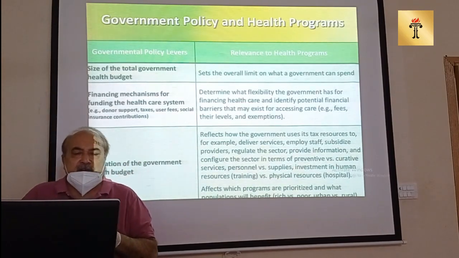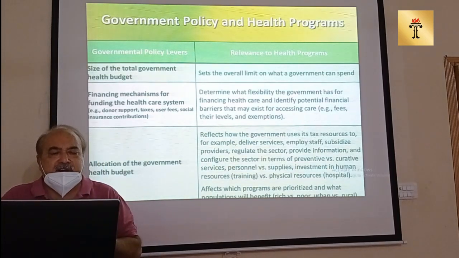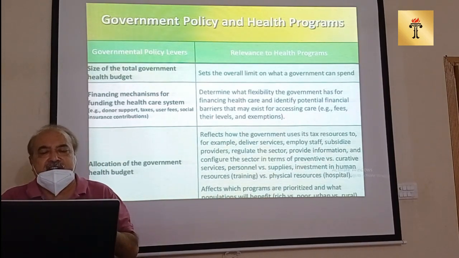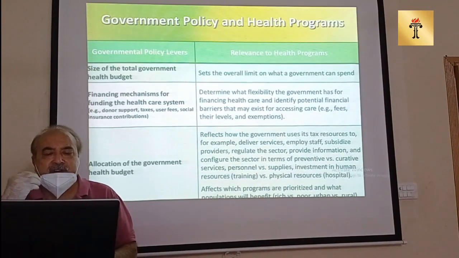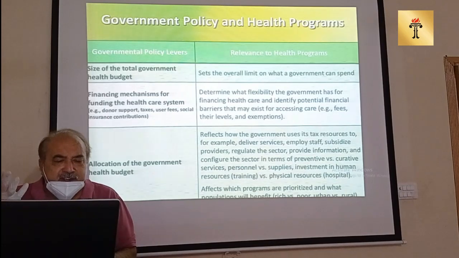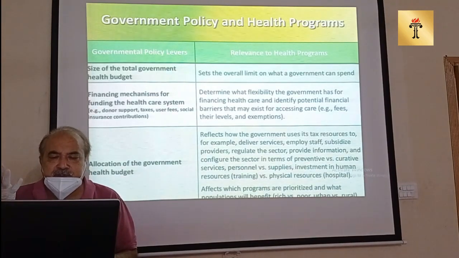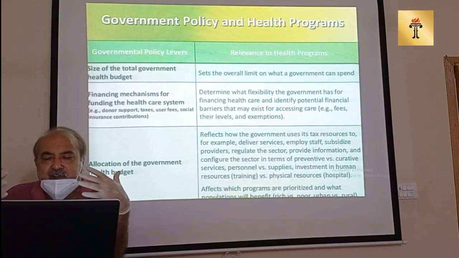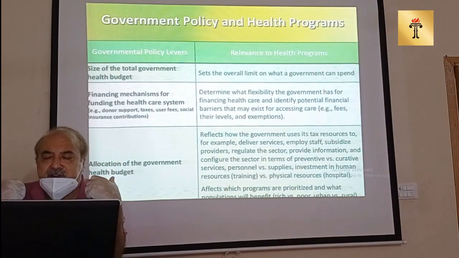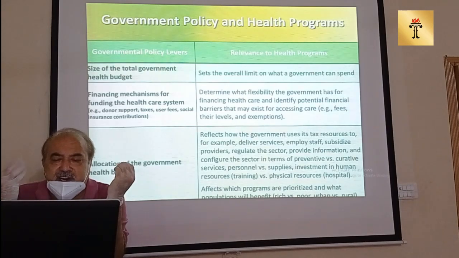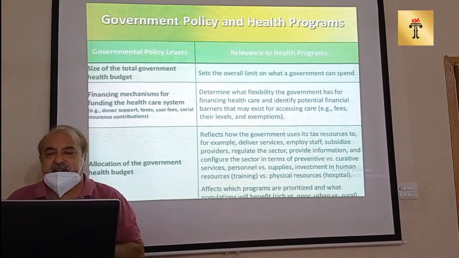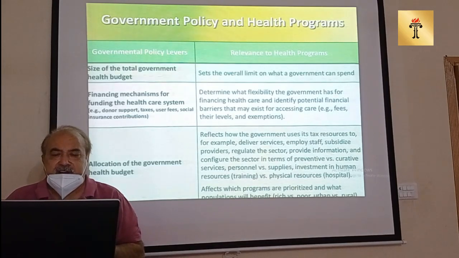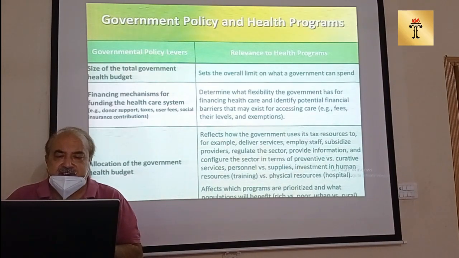Then in the policy, there are the financing mechanisms for funding the healthcare system, for example, donor support, taxes, users' fees, social insurance contributions, and then the government determines the flexibility for financing healthcare and identifies the potential financial barriers that may exist for accessing care. So they can impose fees, their levels, and exemptions.